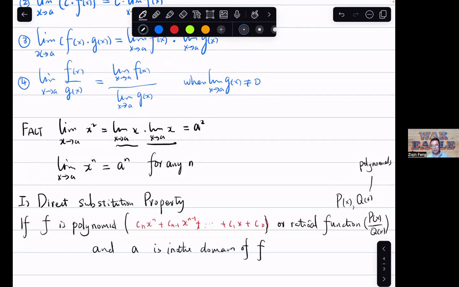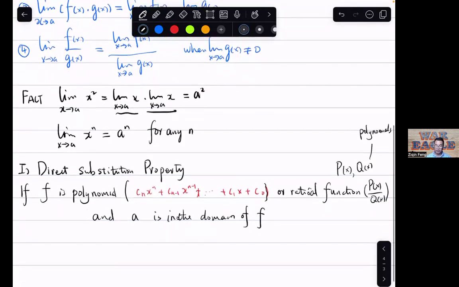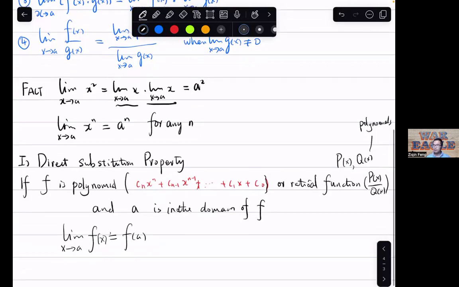We know that if you have a number in your domain, then the limit as x goes to a of f of x is basically f of a, as long as f of a is well defined. All you need to do is plug a into the function, and you get the limit of this function at a.